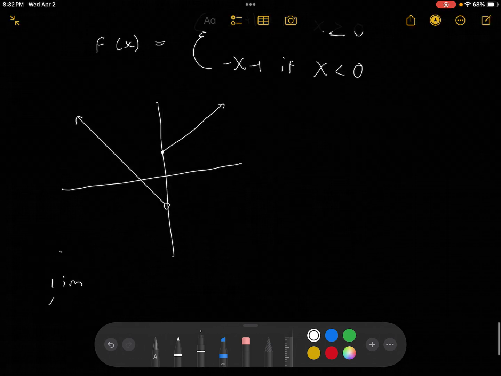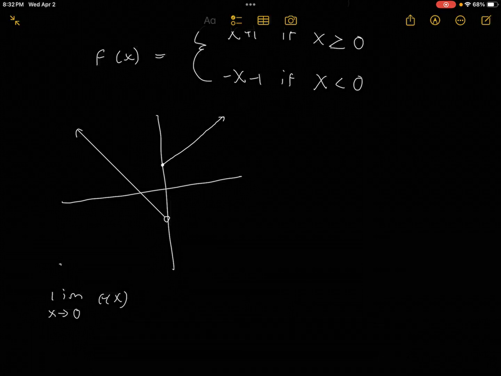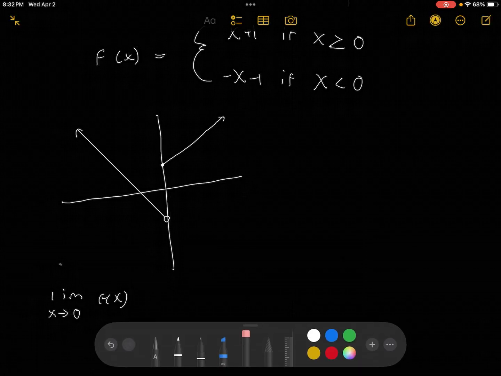So let's now try to compute the limit of f of x as x approaches 0. And we're going to run into an issue, which is that as x approaches 0 but is greater than 0, the value that f of x is approaching is 1.